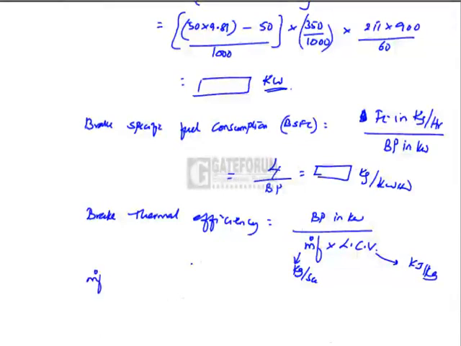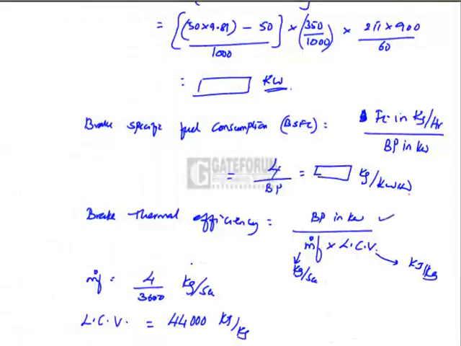Mass consumption rate of the fuel is given as 4 kg per hour. Divide that by 3600, it becomes kg per second. LCV is given as 44,000 kilojoule per kg. Brake power is already obtained above, so we can obtain the brake thermal efficiency. The answer will be in the range of 25 to 30%. Usually that is the brake thermal efficiency range for an internal combustion engine.